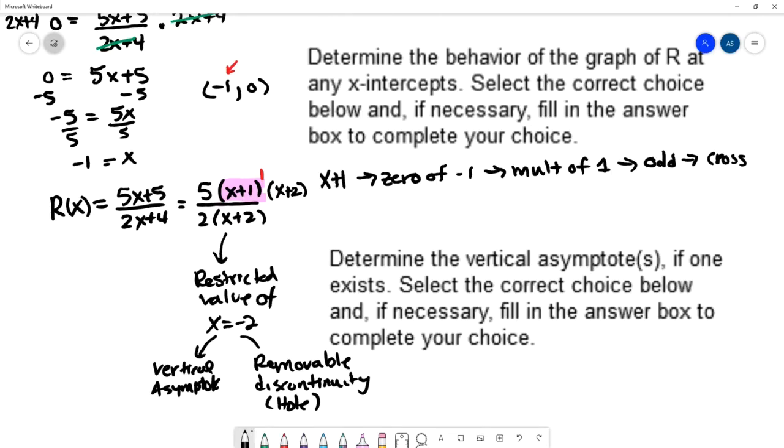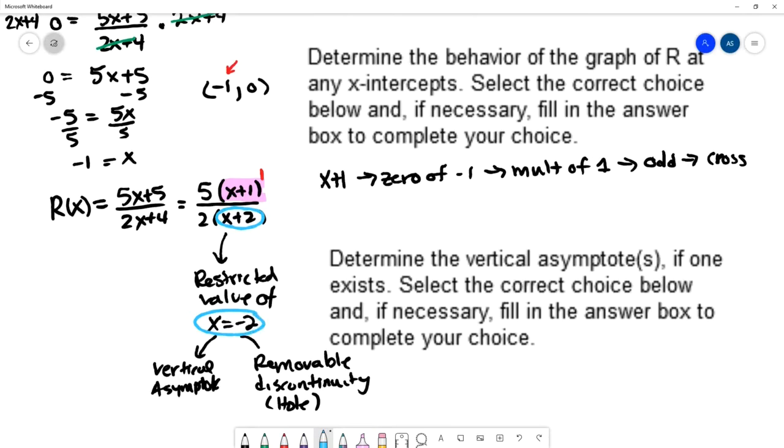So when we look at, and then I have this x plus 2 here, shouldn't be there. When we have our rational function in factored form, we can look to see that factor. This is the factor that produced the restricted value of -2.